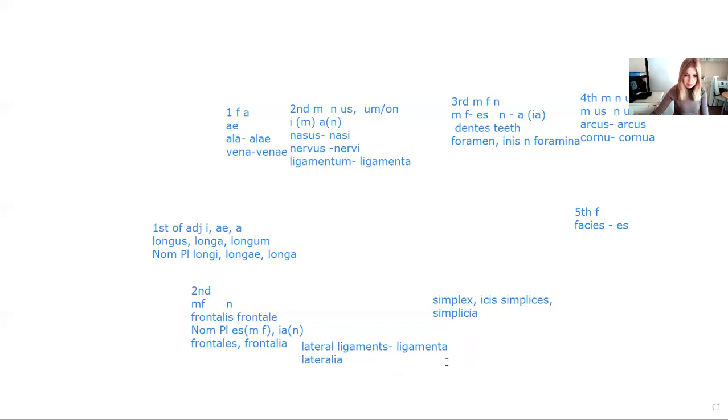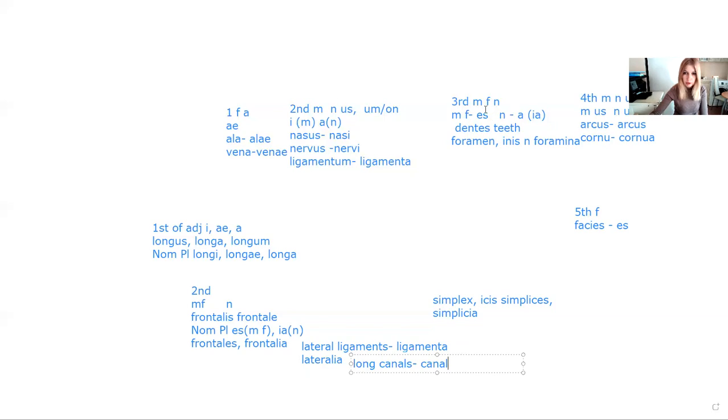What else? If you want to translate long canals, you should start with the noun canal. As you remember, canalis is a noun of the third declension. Genitive form is canalis, masculine gender. We remove the ending -is, and get the stem canal-. Canal- is the stem, it's masculine gender.